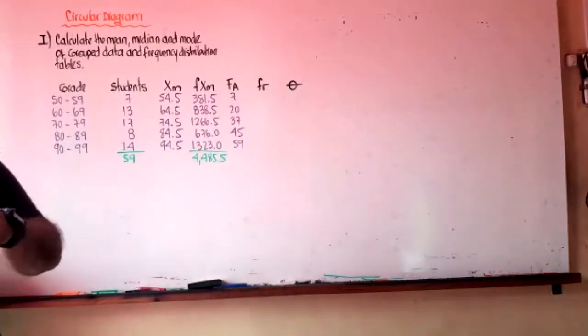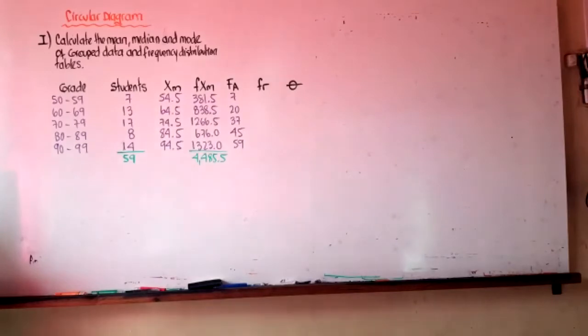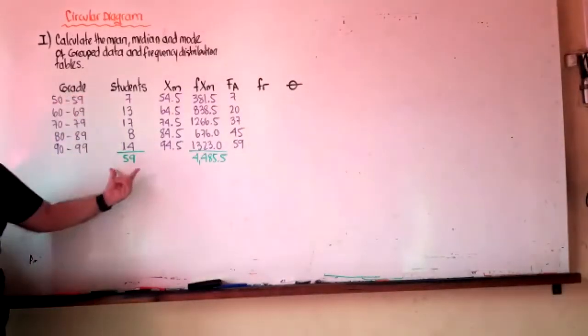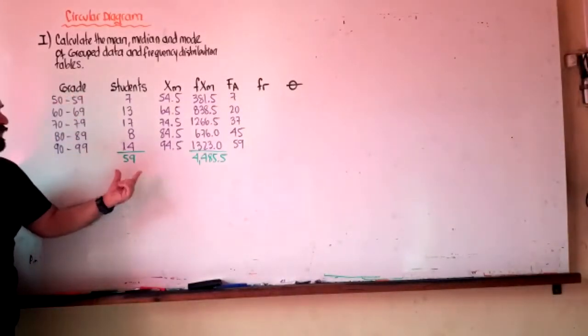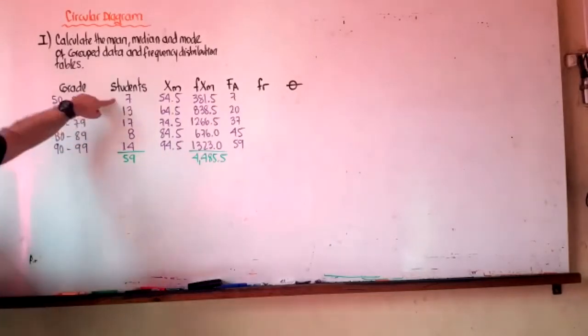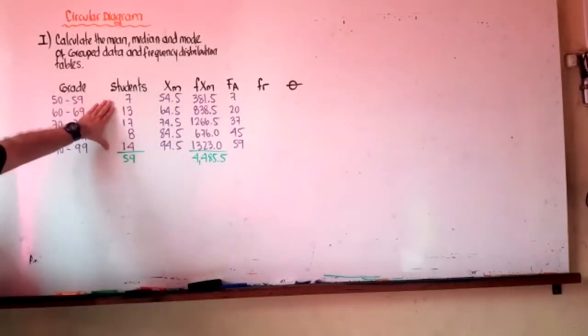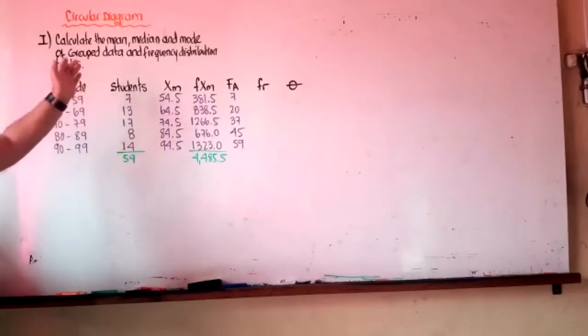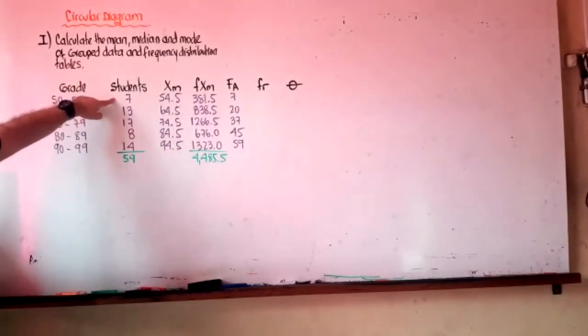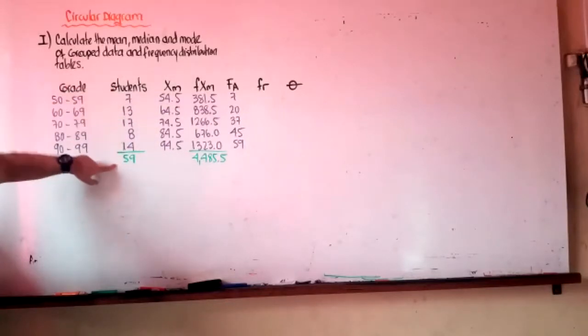Just like we learned in the video we studied yesterday, first of all, we have to know the quantity of data, 59. And every value of the first column, I mean the absolute frequency, we must divide by the total.